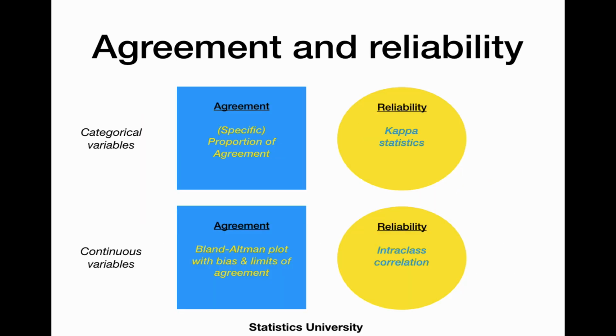Which measure to use depends on the types of variables that are studied. When studying categorical variables and looking at agreement, we want to use specific proportion of agreement. For reliability in categorical variables, we want to use the kappa statistics. But for continuous variables, we use the Bland-Altman plot with bias and limits of agreement. And we will use interclass correlation as a measure of reliability for continuous variables.